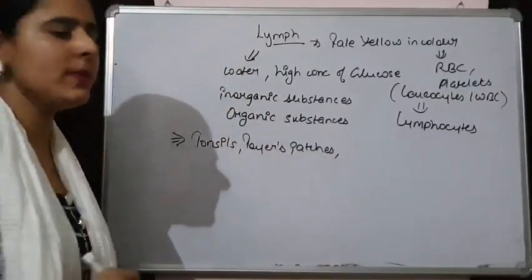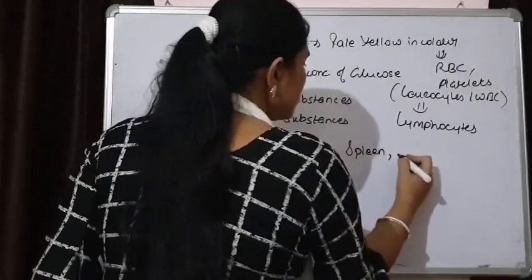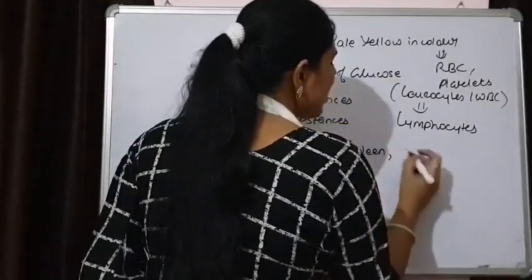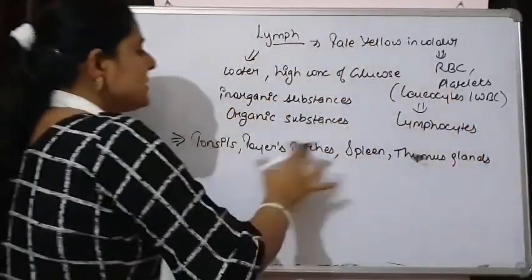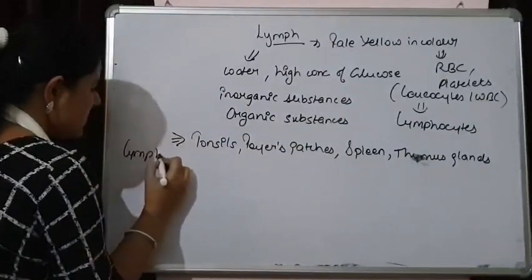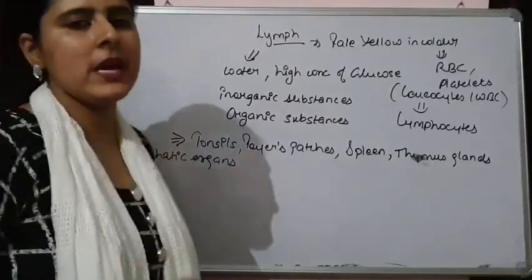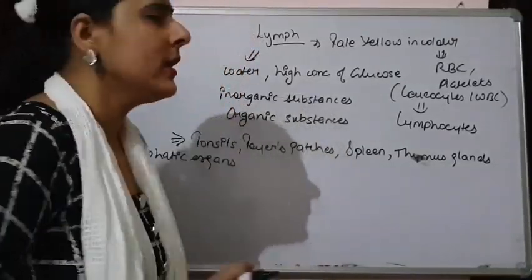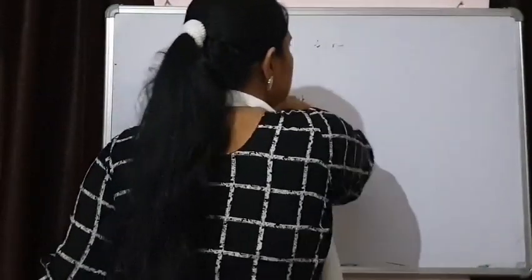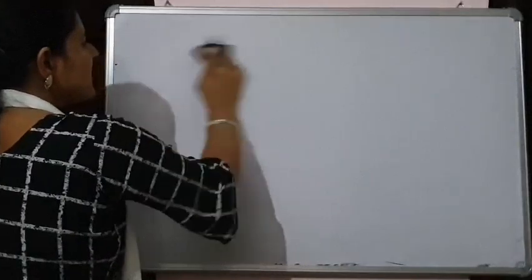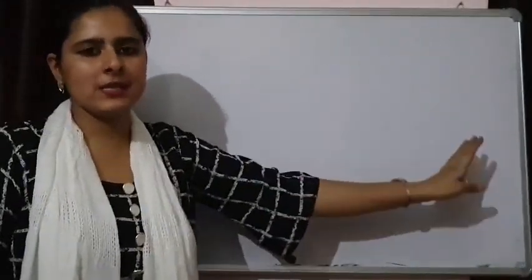Then we have the spleen, lymph nodes, and the thymus gland. All these are our lymphatic organs, part of the lymphatic system. The lymphatic system comprises lymph plasma and lymphatic cells.